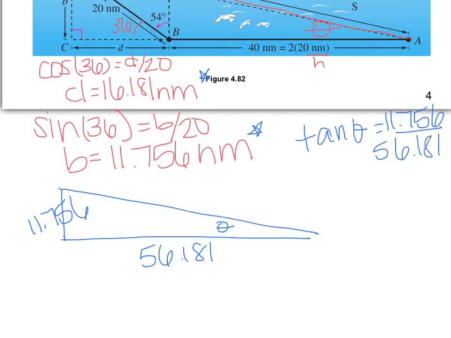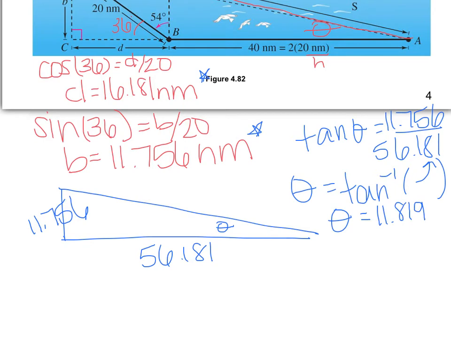And then I would solve for theta by doing tangent inverse of that number. Again, exact numbers, do not round until the very last when you get your angle. What's it come out to be? It comes out to be 11.819.